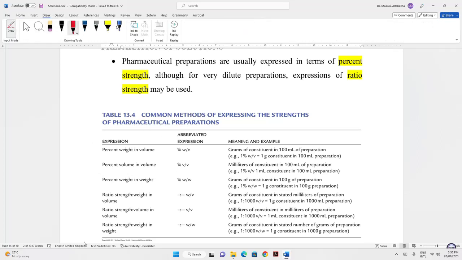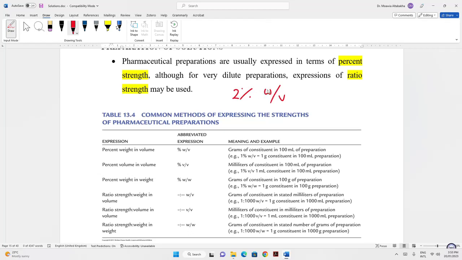For example, let's say I said 2% W by V. What does that mean? It means, see, this is weight, there are 2 grams. Always when you say 2%, it means grams.